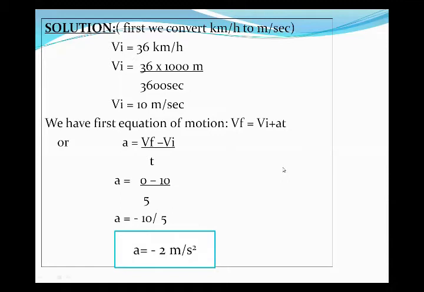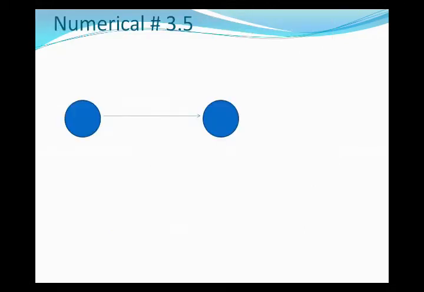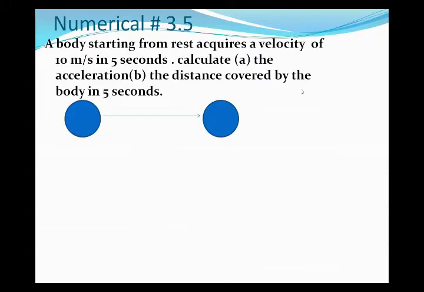Now we are going to solve the next numerical, which is given in the book, page number 44, that is 3.5. Now, the question is that a body starting from rest acquires a velocity of 10 meter per second.